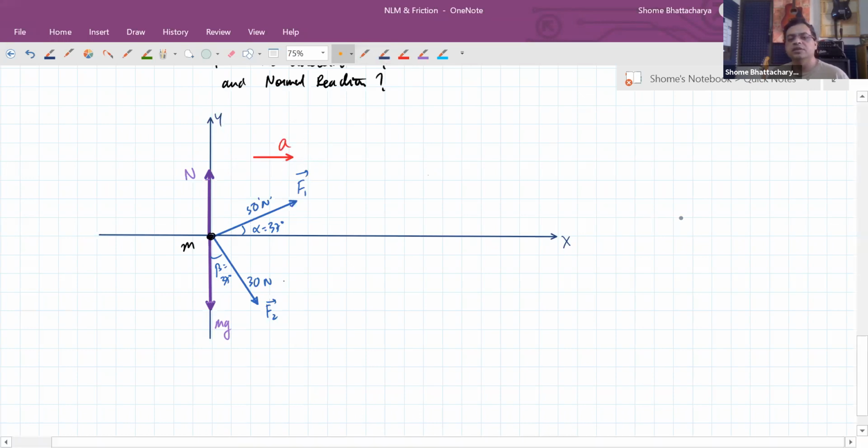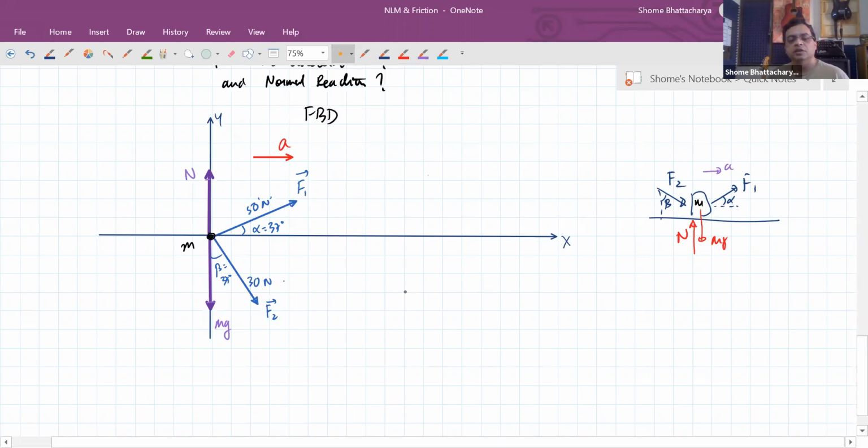So what we roughly understand, as forces acting on it, there is this F1, there is this F2 that we were applying. This angle was alpha, this angle was beta. But also mg, and the ground is applying a normal contact force. And under the action of all this, it's accelerating like this. So this is now converted into a proper free body diagram like this. This is the free body diagram.